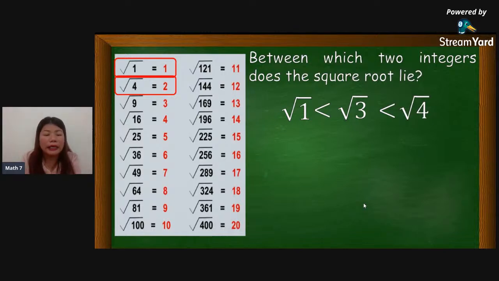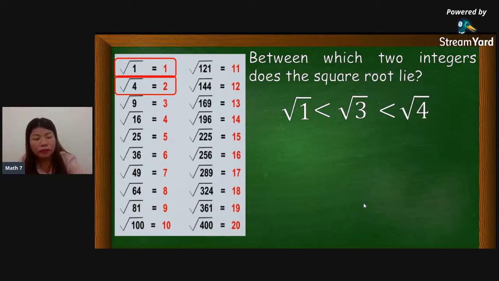Ito po ay binabasa as: square root of 3 is greater than square root of 1 but less than square root of 4. Ulitin ko. Square root of 3 is greater than square root of 1 but less than square root of 4.